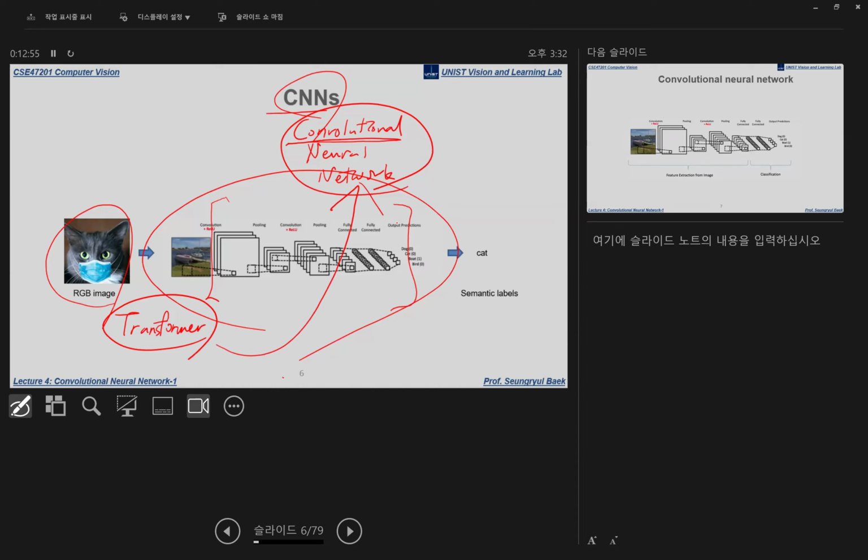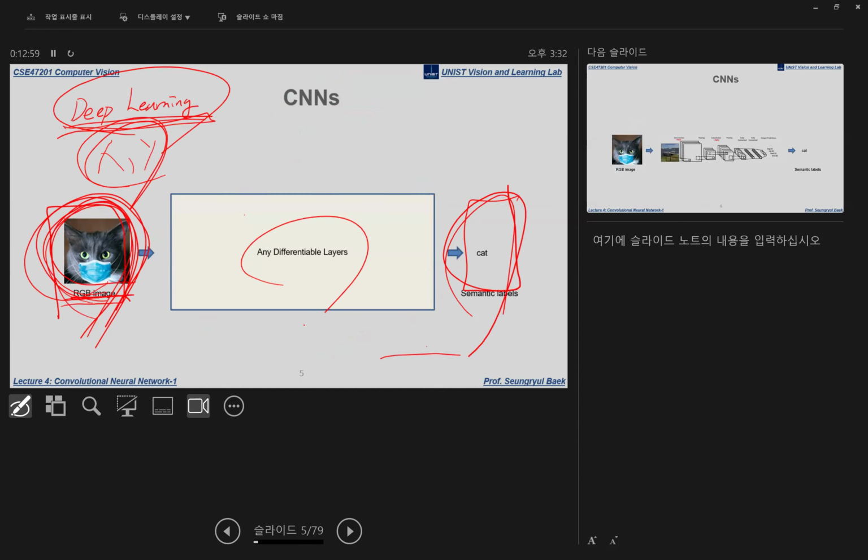Using gradient descent, we can train any differentiable layer. But in practice, when making deep architectures by stacking multiple convolutional layers, we observed very good accuracy, so we used CNNs for a while.